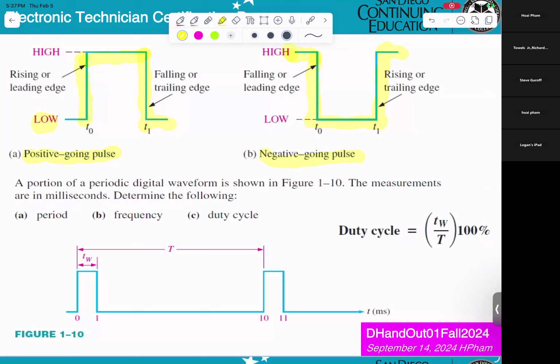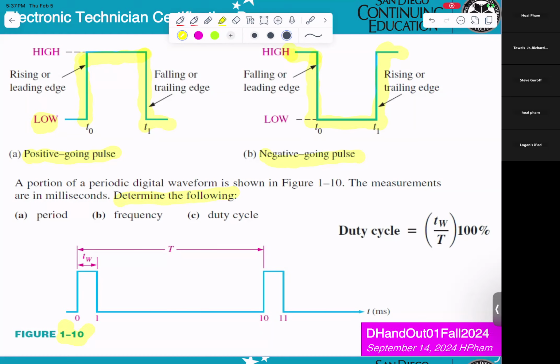A portion of a periodic digital waveform is shown. Okay? In this display here, the measurements in milliseconds determine the following.